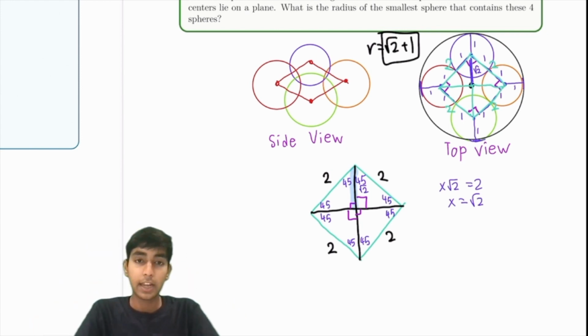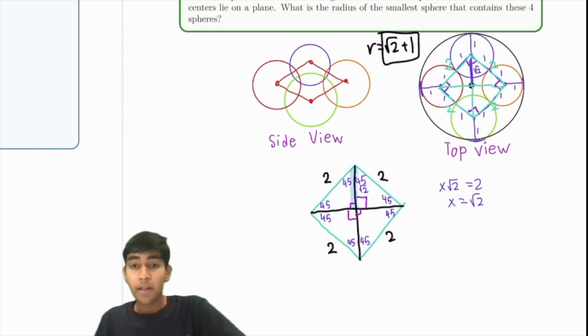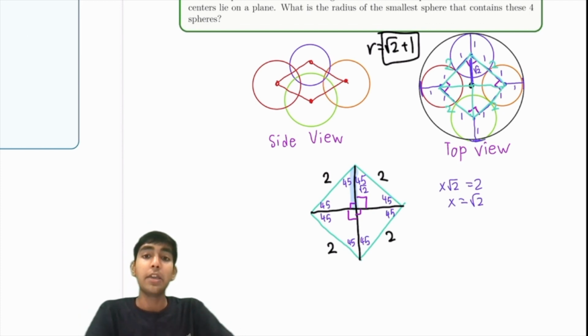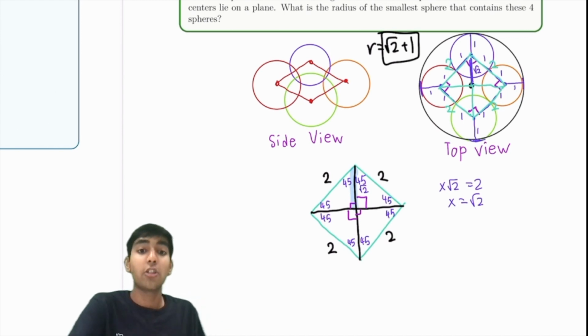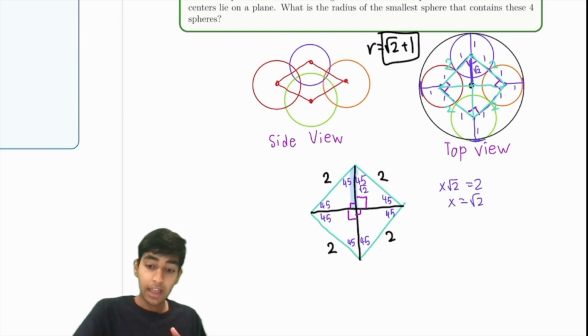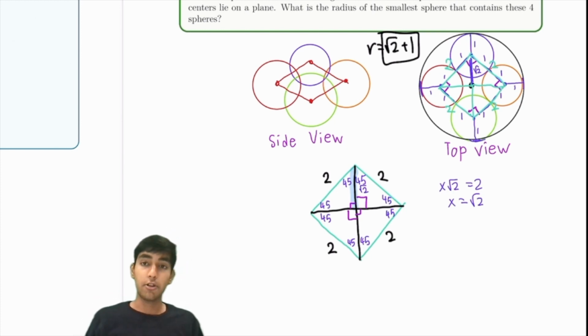Like if there are 4 spheres sitting on a table, you take the plane that passes through all 4 centers, and you look at the image on that plane, it will be this top view image. And then from there, it's just a regular 2D problem, which we know how to solve using our 2D techniques.